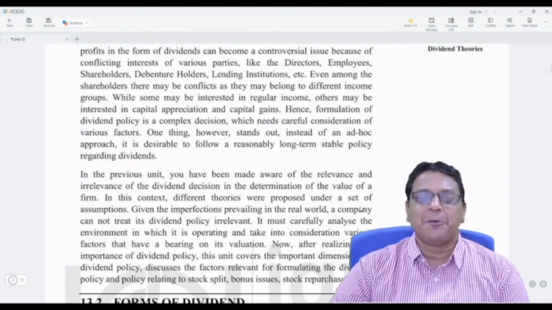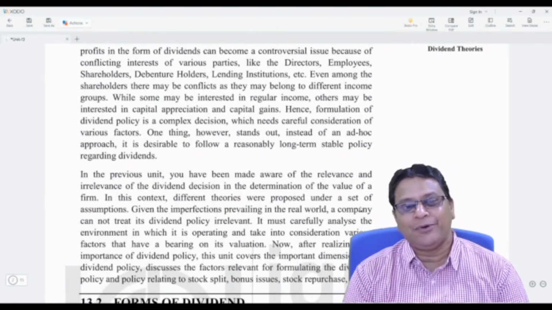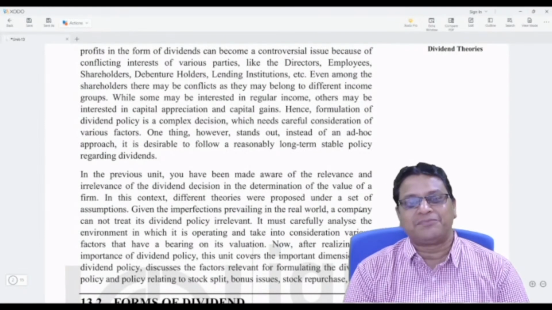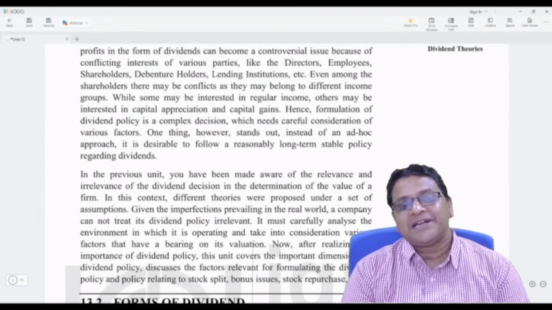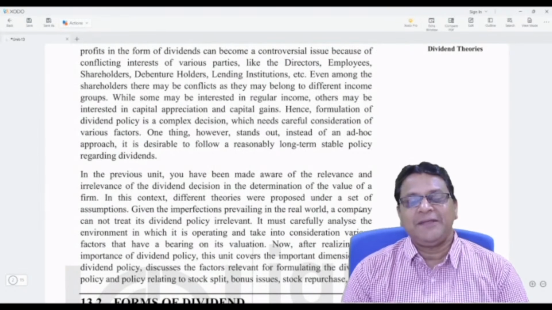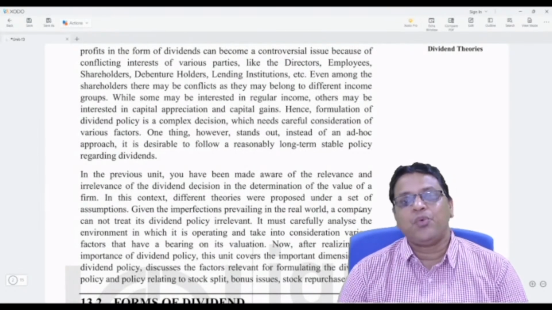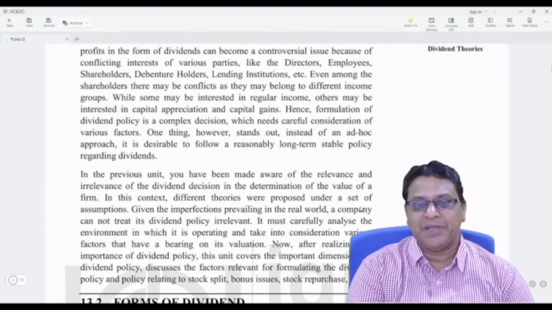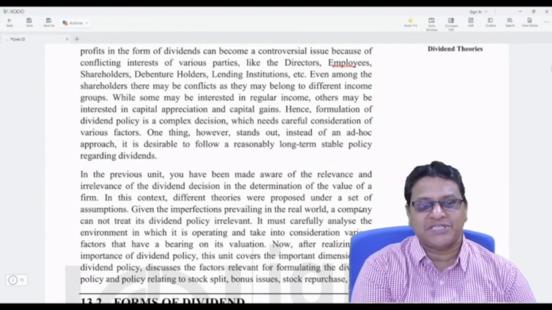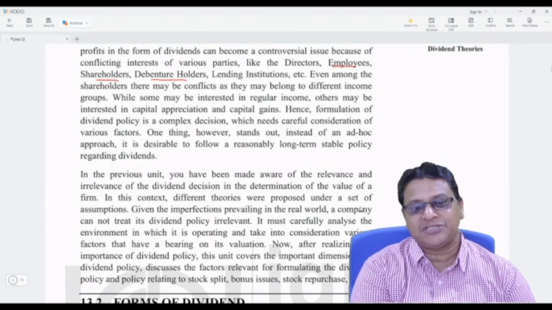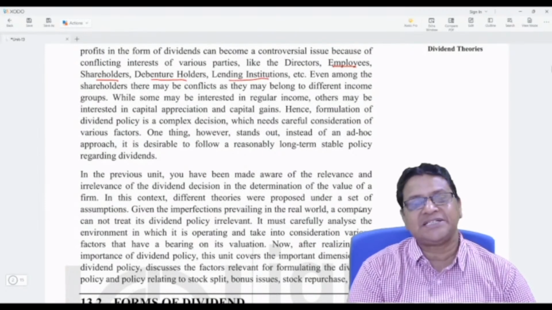Similarly, in case of a company, there are other stakeholders which are also involved. Their interest is to be taken into consideration at the time of designing dividend. Who are the other parties? The other parties may be employees, the other party may be shareholders, the other party may be debenture holders, they may be lending institutions.